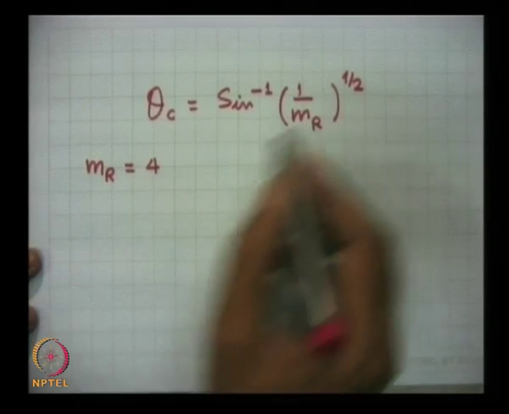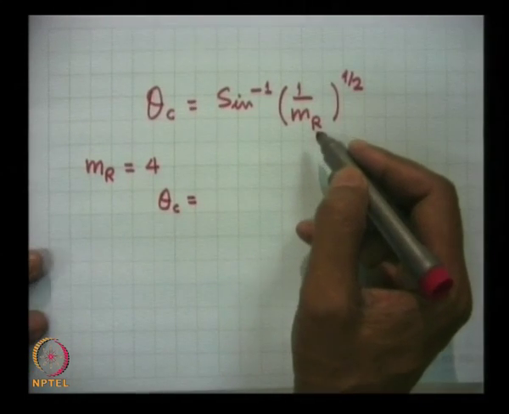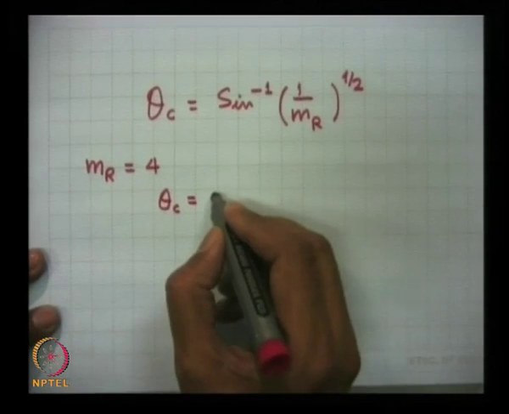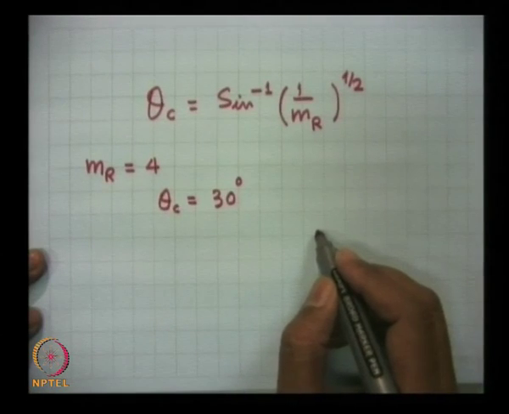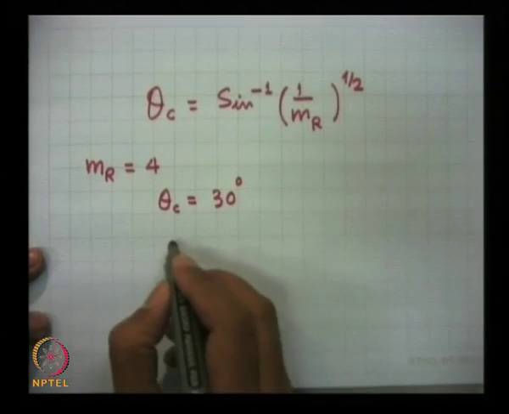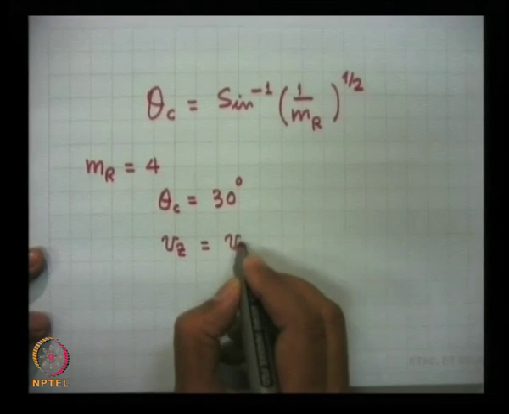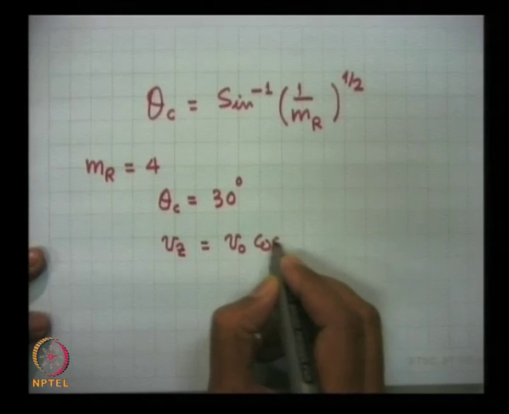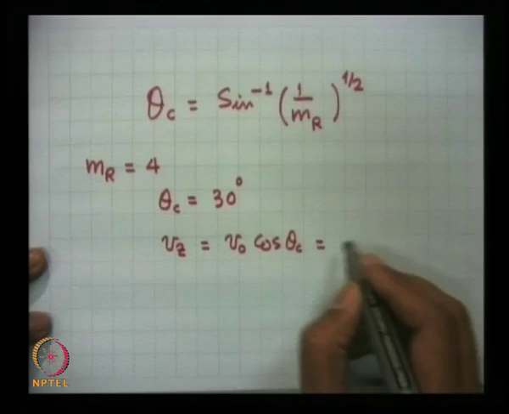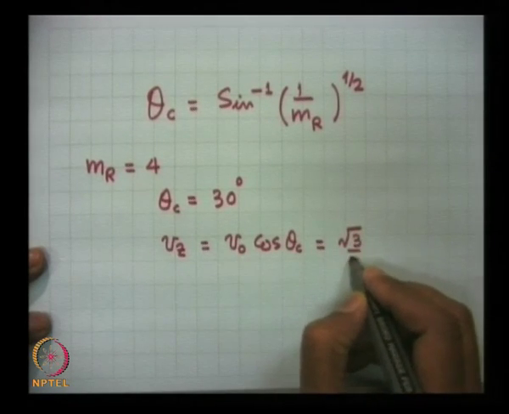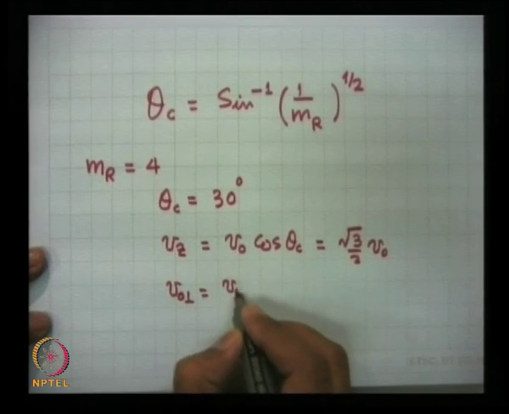In that case, theta c is equal to sin inverse of half, and sin inverse of half is 30 degrees, which means that those electrons for which Vz is equal to V0 cos theta c, which is cos 30, is root 3 by 2 V0, and V perp is V0 by 2.